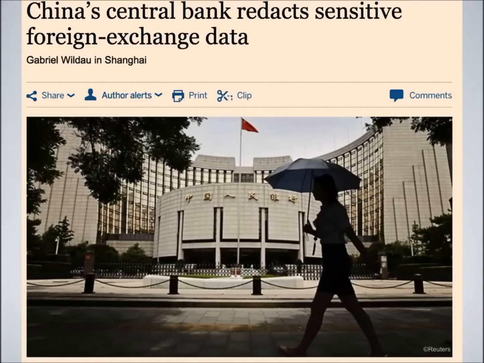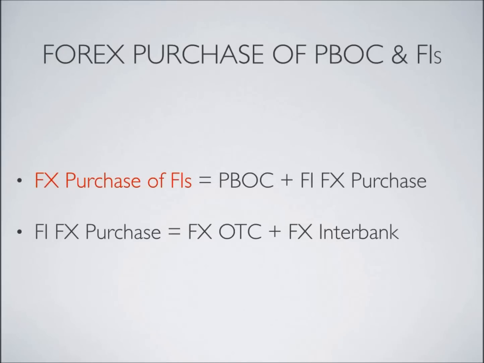Major Western media such as FT has reported on China's central bank hiding its foreign exchange data. Now we have to know what kind of data it is at first. So for the Forex purchase position, there are actually 2 different parameters. The first one is the PBOC figure only. The second one is called the Forex purchase position of total financial institutions.